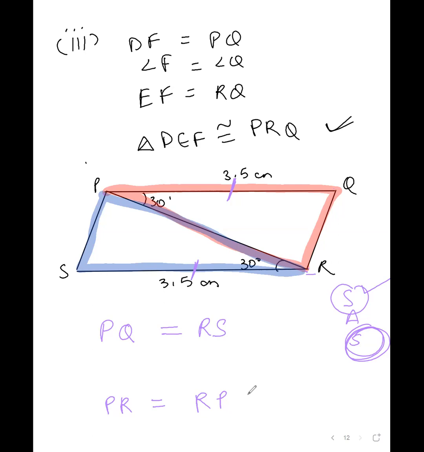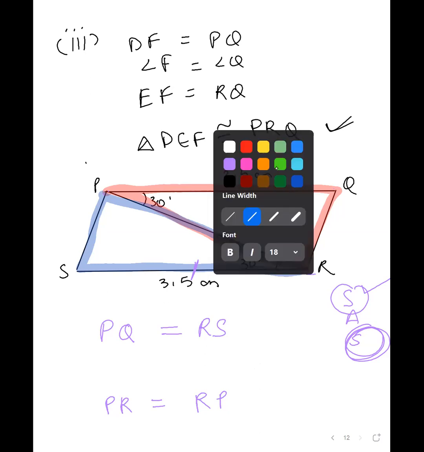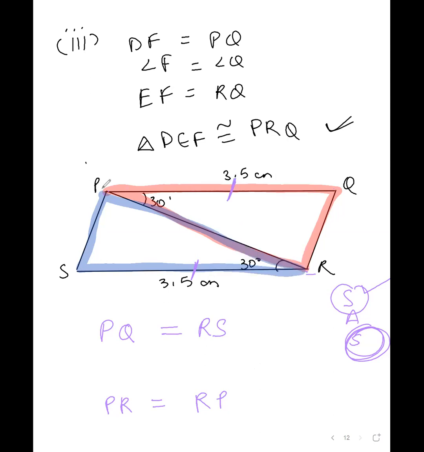But how are they equal? Sorry? Are they equal because of 30 degrees? Bacha, any side PR, forget about everything else. Just look at the line segment PR. Forget about the angle, forget about whatever else is there. Look at this, okay?